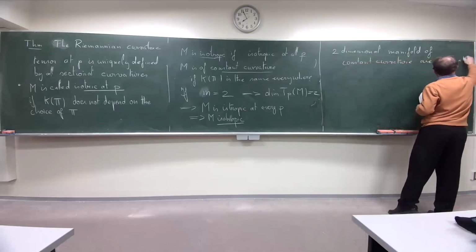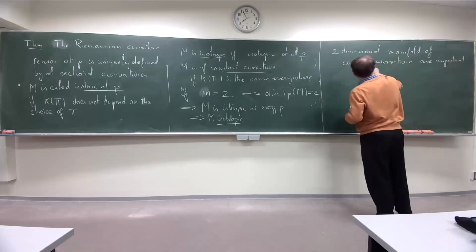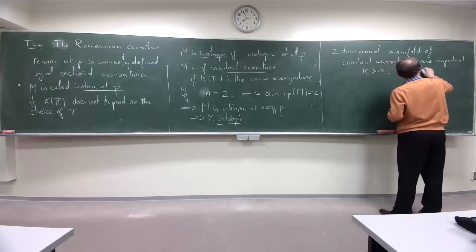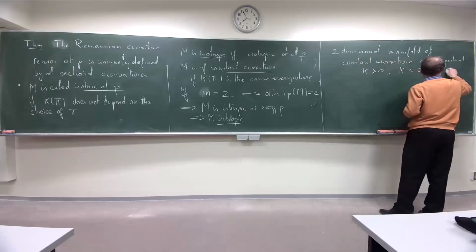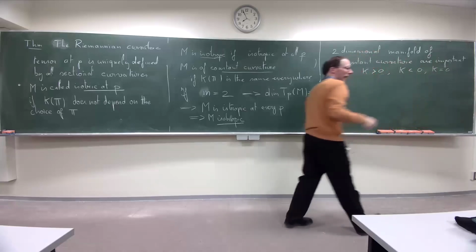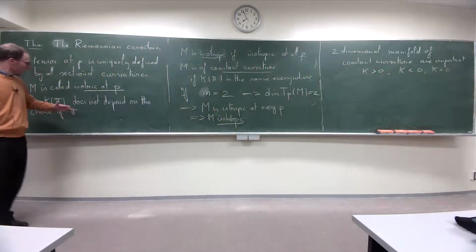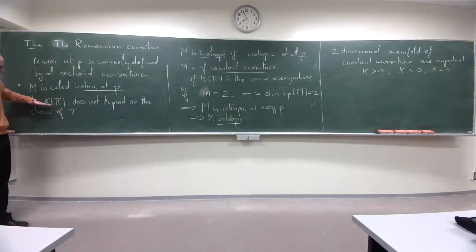You can check that depending on whether k is bigger than 0, smaller than 0, or equal to 0, which is a trivial case, they have different properties. So if we summarize, we gave a definition of this K of pi in the general case.